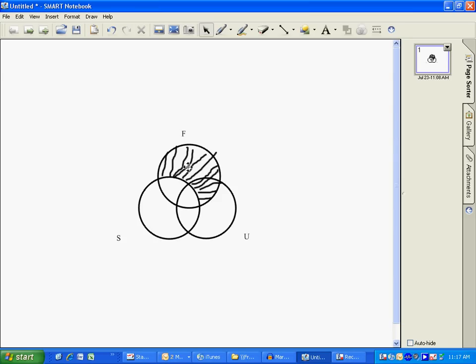So where do we put the X? If there's nothing in the Pac-Man at all, we would put the X on the line. All right? But since half the Pac-Man is shaded, we're going to put the X on the part of the Pac-Man that's not shaded. So I'm just going to take my pen here, and I'm going to put the X right there. Okay? Now I'm done with my Venn diagram.